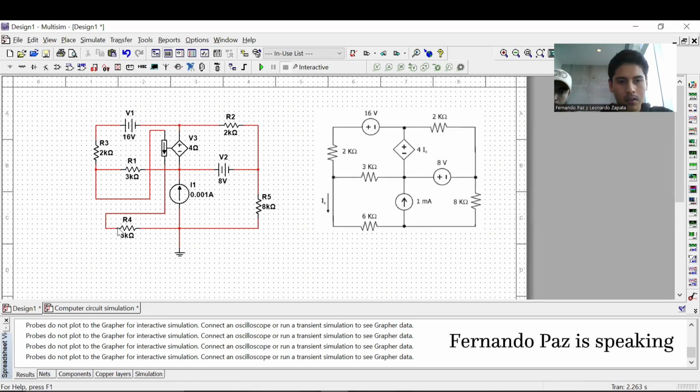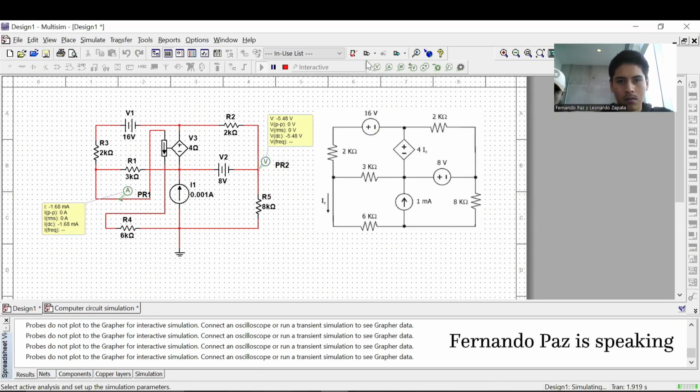Then I close the circuit, and now I'm going to place the voltage probes in the nodes.